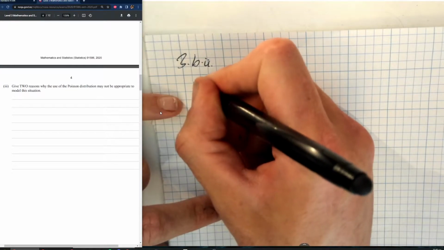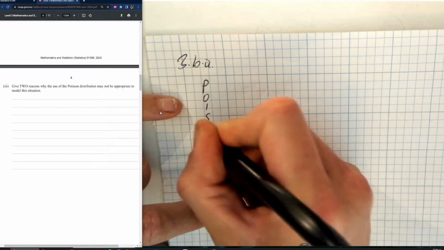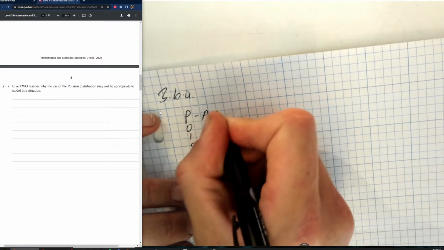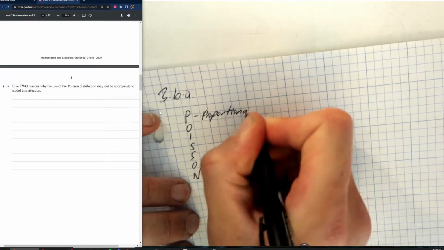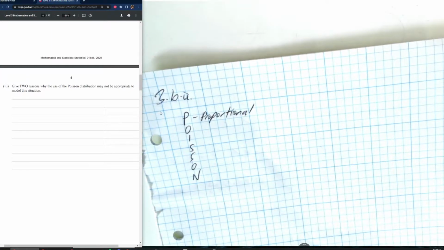So for Poisson, I remember Poisson. What I do with that is I know that it's proportional. The reason it's proportional is that, say it's the amount of earthquakes that happen per year is 3 in this random obscure country.